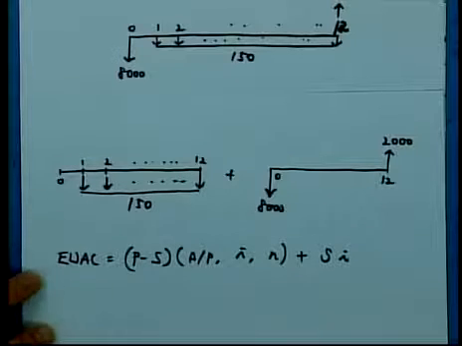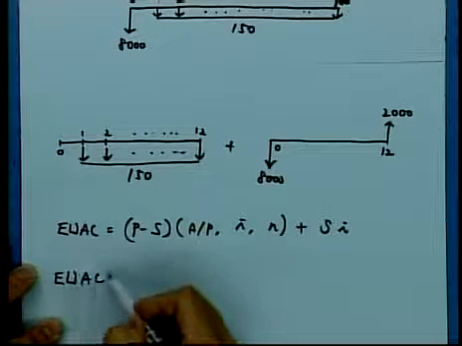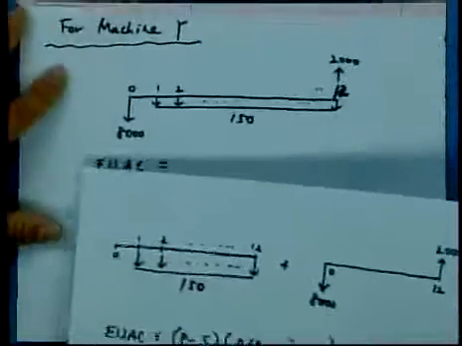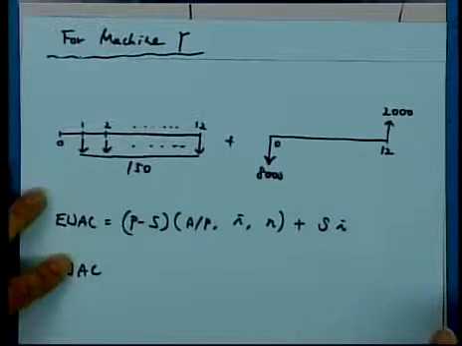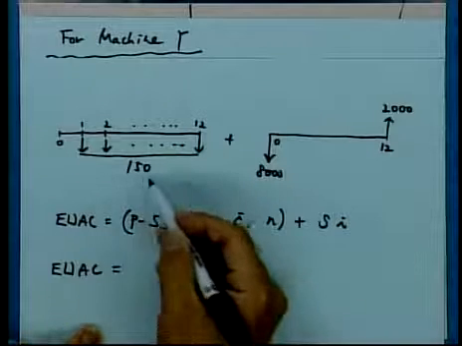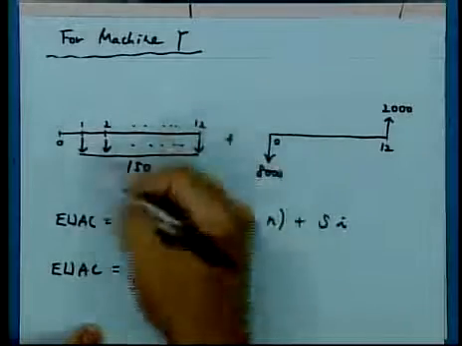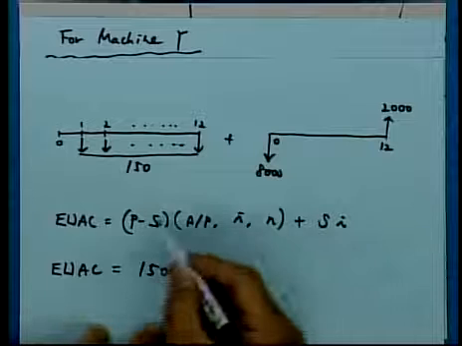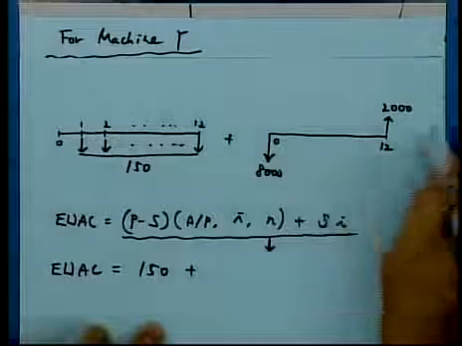So how do you get the equivalent uniform annual cost for machine Y? That's going to be 150 from this first cash flow diagram, plus, now we are going to use this formula for the second cash flow diagram.